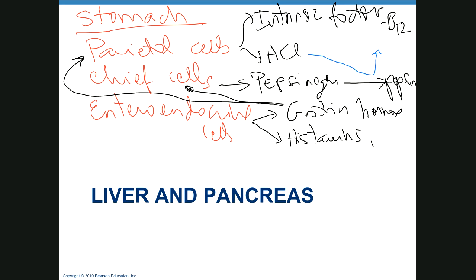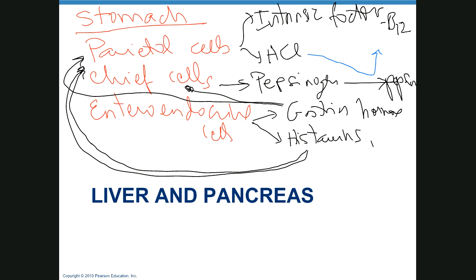And histamines stimulated parietal cells. As a matter of fact, the main stimulus of parietal cells and secretion of hydrochloric acid is histamines. So some of the medications to lessen the production of hydrochloric acid are actually antihistamine type medications. Okay, so those are the cells in the stomach.